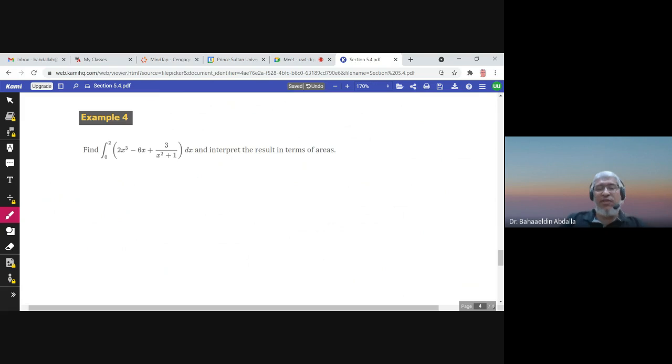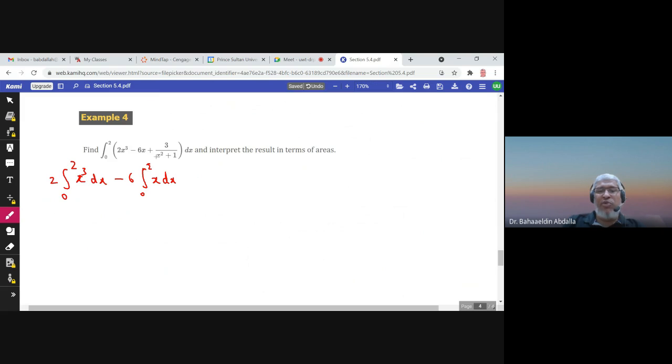Another definite integral. I need to find the indefinite integral of this function. But I will write it like this. Let me write it first as follows. I can take 2 out, if you like: the integral of x cubed dx minus 6 integral from 0 to 2 of x dx.